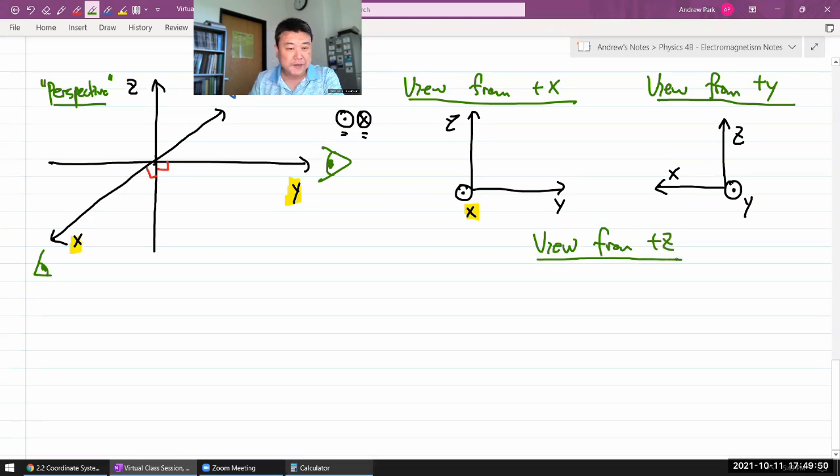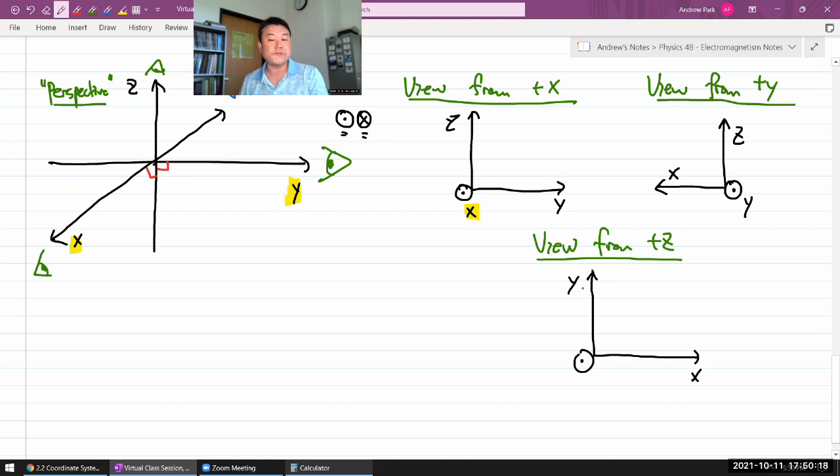The way we imagine our orientation, I feel like I have the freedom to rotate around as I view. So I can choose to rotate my point of view in such a way that I see my z-axis coming out of the plane and my x and y-axes the way they are normally drawn.